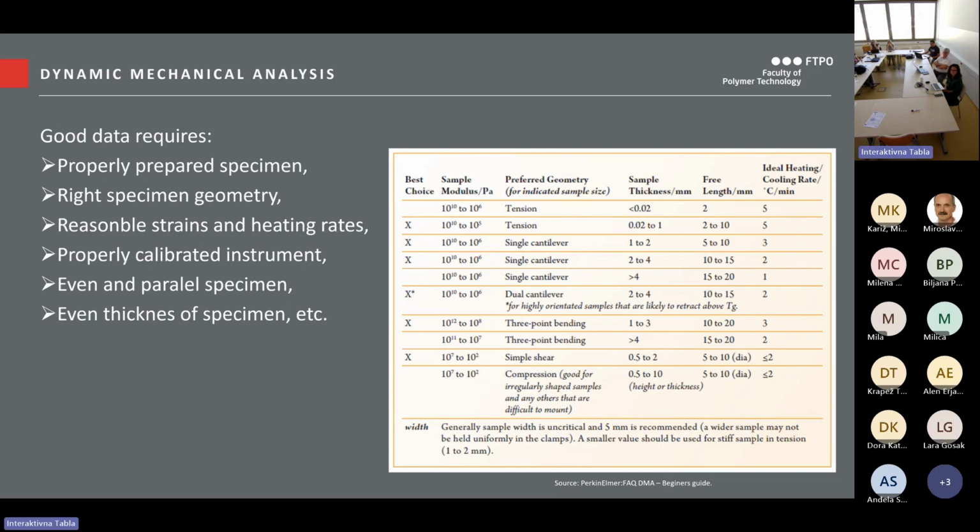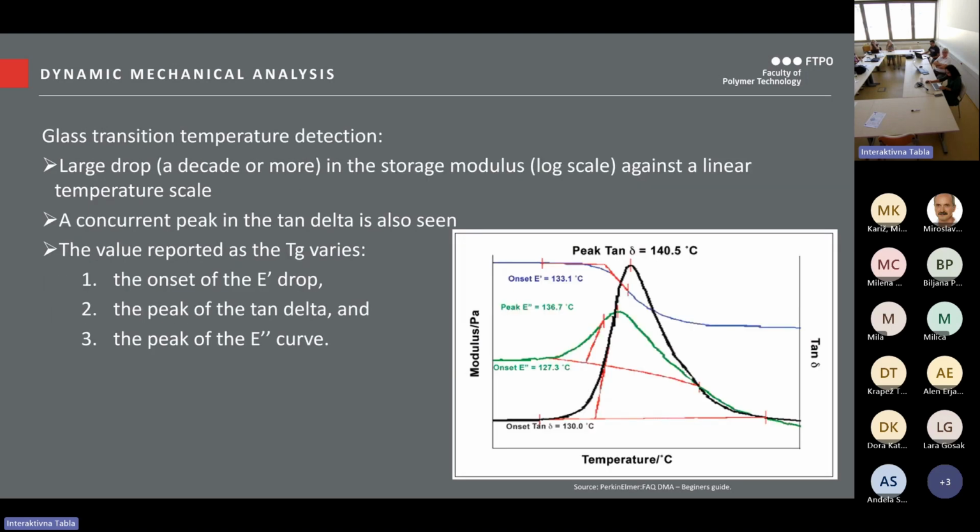And with heating rates, we usually need to use heating rates low enough so the samples heat up gradually, and that they do not have too high a temperature gradient inside. And then again, parallel specimen and even thickness of specimen, so that we have even distribution of properties and heat in the sample.